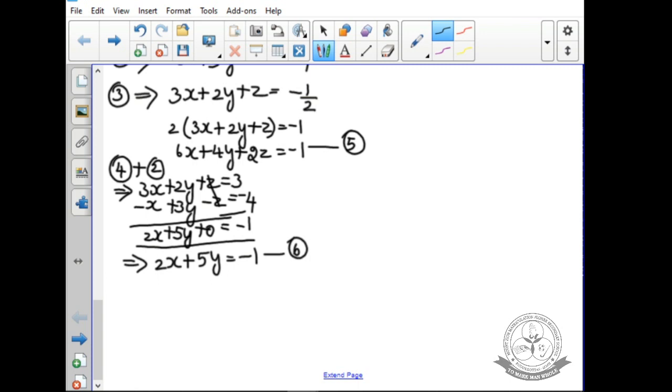Now from the second equation and the fifth equation we have to eliminate z. So I multiply the second equation by 2, to eliminate z.